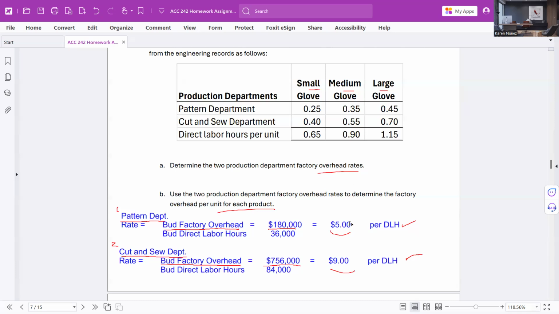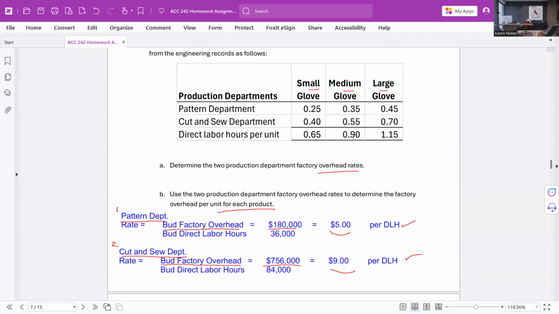Activity times the rate. And the small glove needs 0.5 in cut and sew times 9. It's the activity times the rate. That's all we're going to do, for all 3 products. And that'll give us the cost for each glove, for a small glove, medium glove, and a large glove.